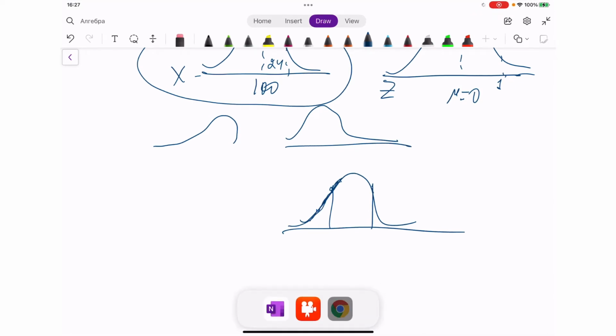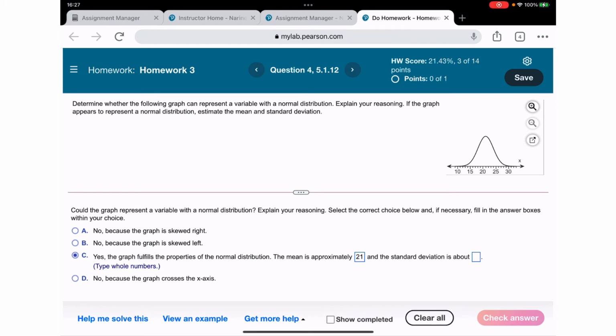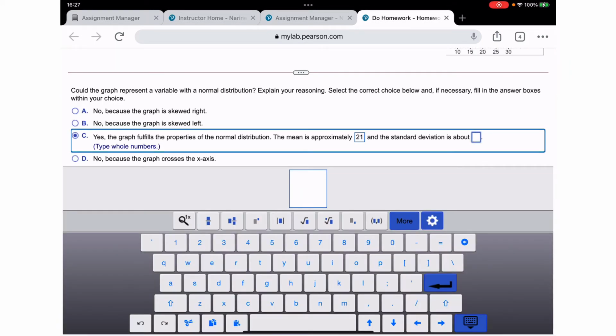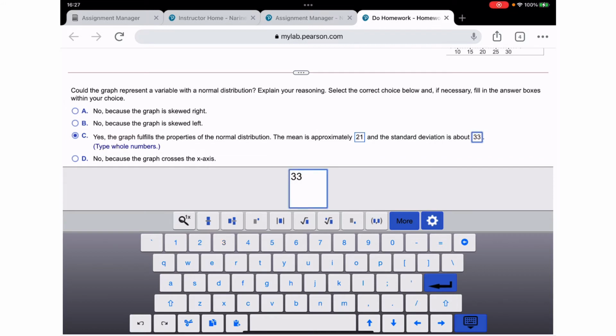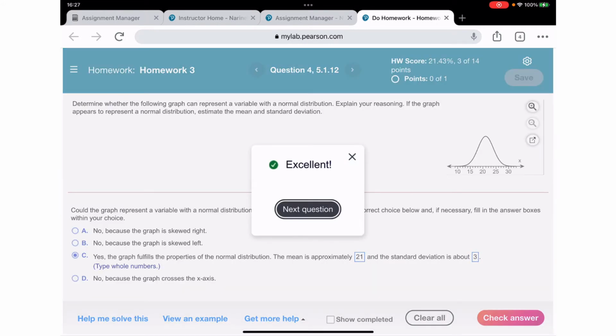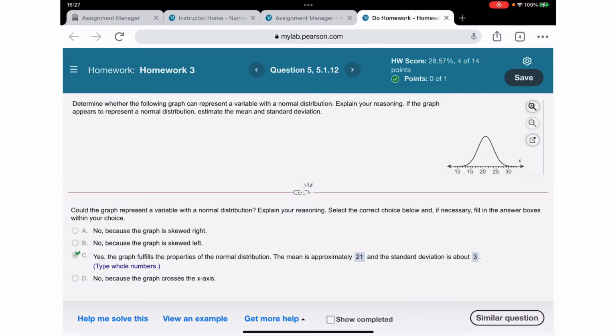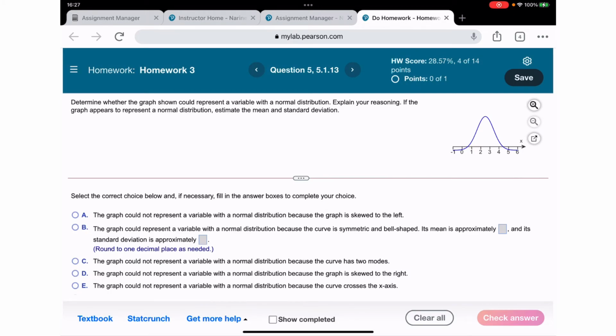So in this case, the inflection points are 17 and 23. The difference between 17 and the mean 20 is 3, and between 23 and 20 it is 3. I would say it's 3. Excellent. All right.